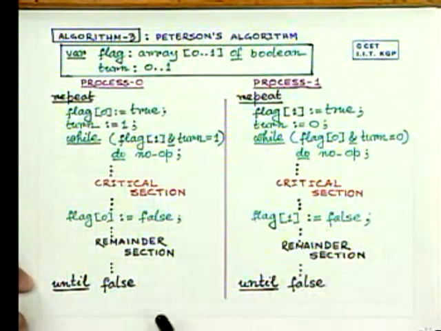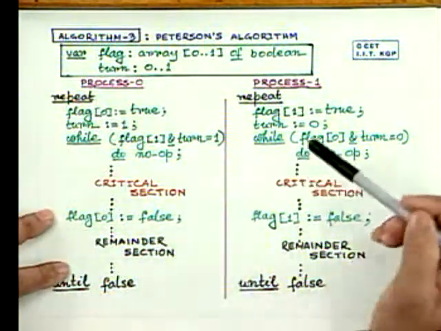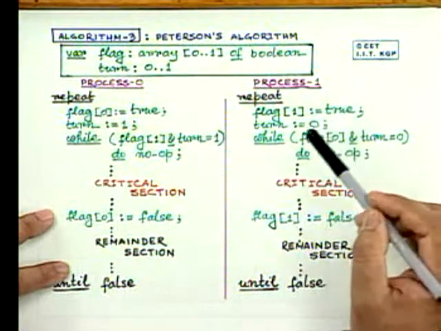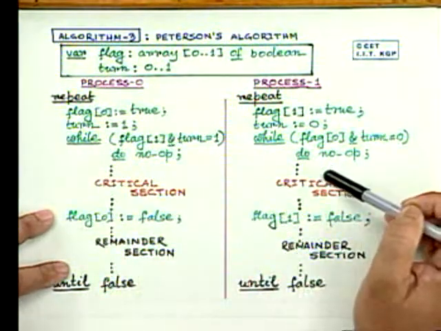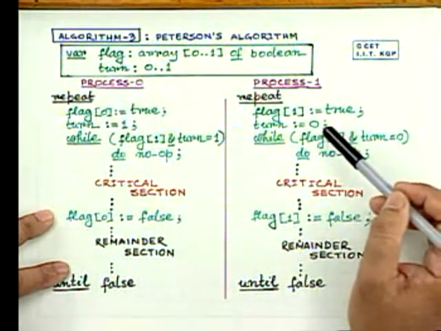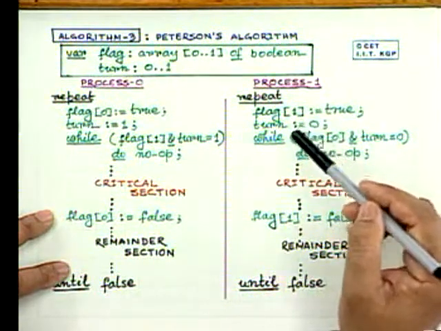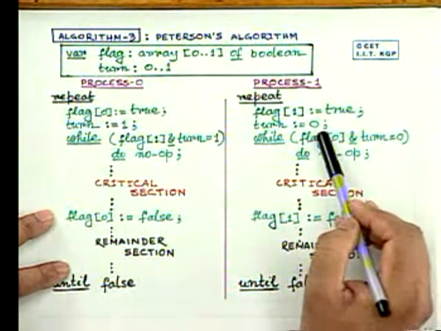Similarly, the bound requirement, that means after process 1 or process 0 makes a request to enter the critical section, there is a maximum bound on the number of times the other process can enter its critical section, is similarly satisfied.